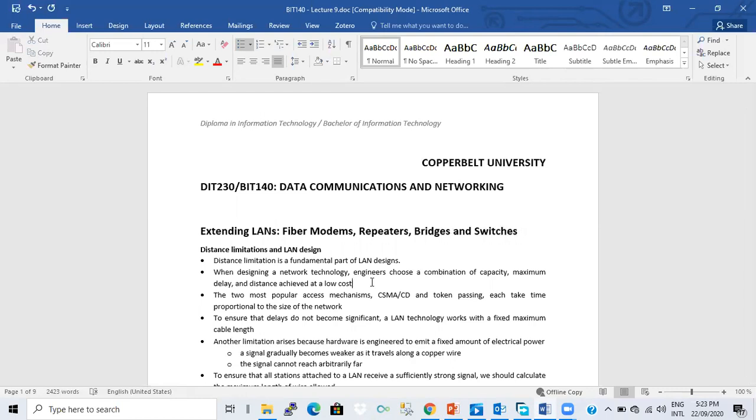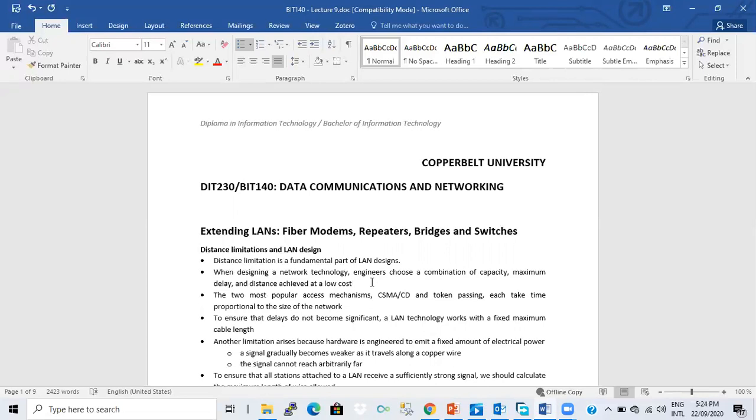Remember we said a local area network has to do with a small geographical area. So when we are looking at local area networks, one thing we need to bear in mind is that the cables we use in local area networks have a limit. Let's say UTP.